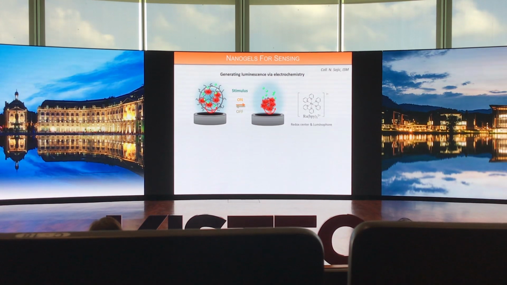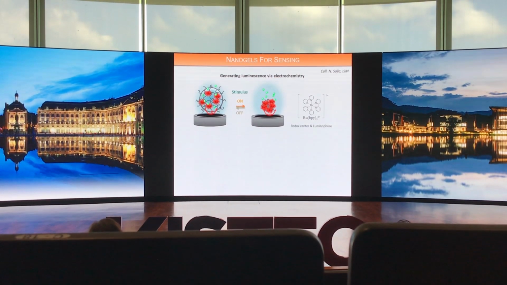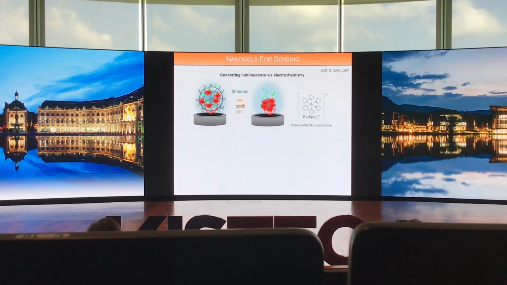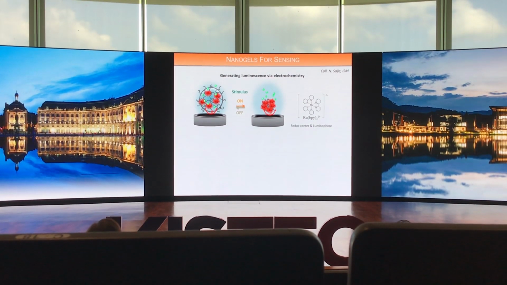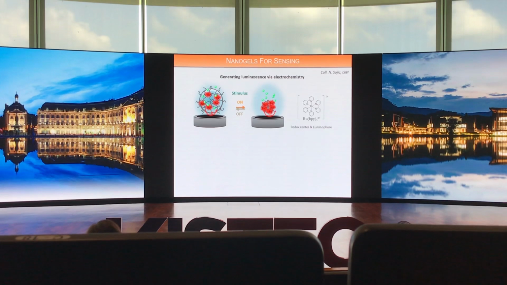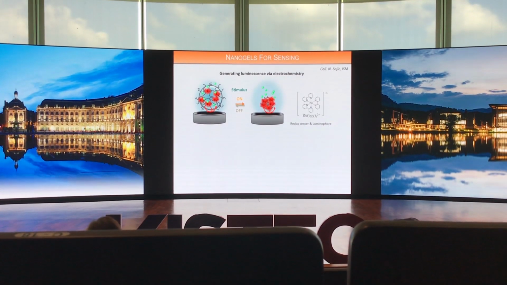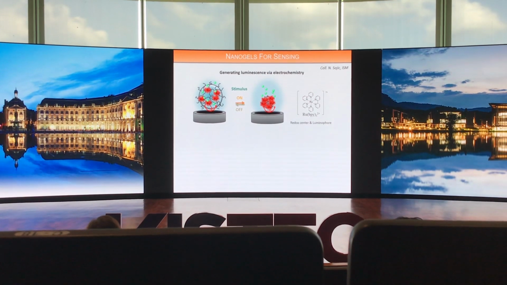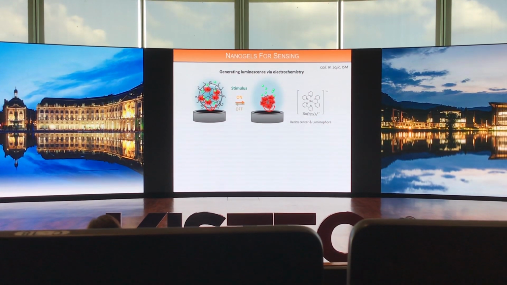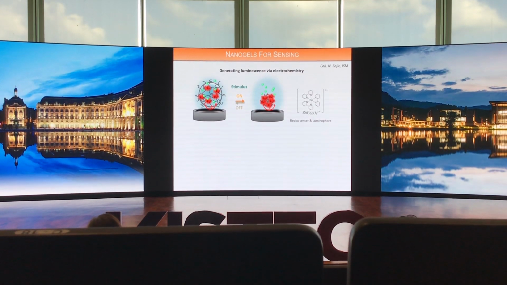We also developed a collaboration in our group. There are many electrochemists, and especially Nisho Sojik, who is a specialist about luminescence. So this is a luminescence which is not generated photochemically but electrochemically.